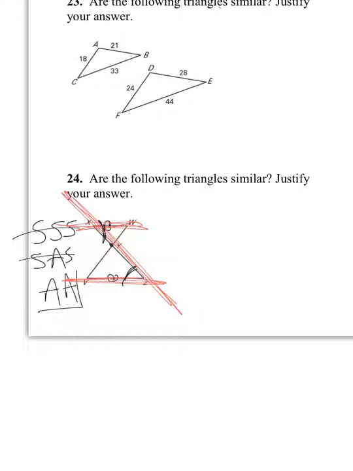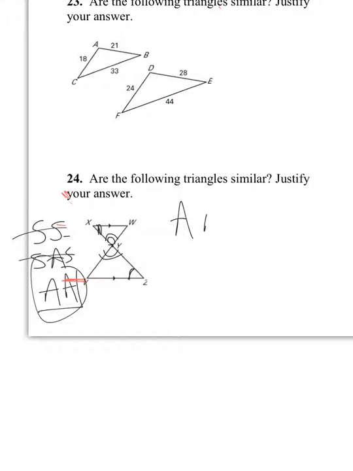So there's one pair of angles that match. Right? I'll kind of redraw this to make it look a little neater. So this angle and this angle are congruent. And then here at Y, you have vertical angles, and you're going to get those two to be congruent. Well, you only need two angles to match because you know the third one has to, because they have to equal 180. So also, yes, similar by AA.